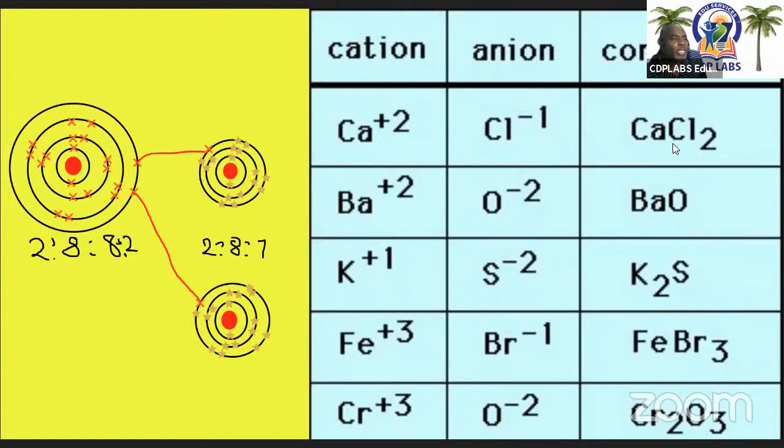All right. So they can see 2 chlorine, 1 calcium. So the other way around that they use is that this is a negatively charged 1, while this is positively charged 2. But to write the formula, they just use how much chlorine it needs, how many electrons one of them need, and then just switch it like this.